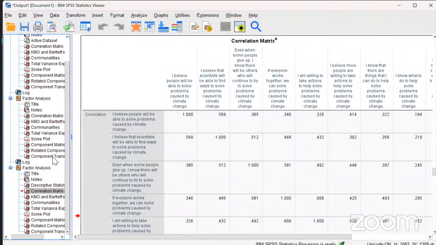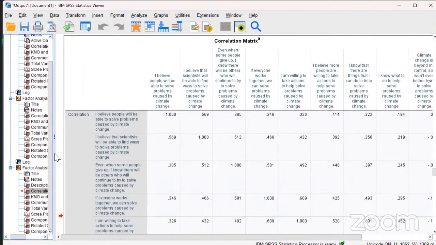Okay. Right. Now you check whether these three items are highly correlated with each other. What are your items? The first three items. I believe people will be able to solve problems caused by climate change. I believe that scientists will be able to find ways to solve problems caused by climate change. And even when some people give up, I know there will be others who will continue to try to solve problems caused by climate change.